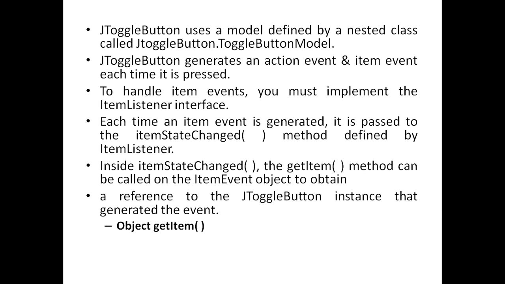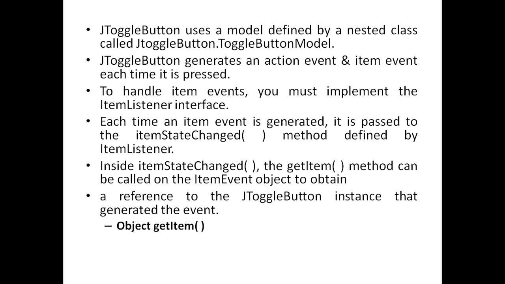Next, this JToggleButton uses a model defined by a nested class called JToggleButton.ToggleButtonModel. So it is going to generate two types of events. The first one is an action event, another is an item event, each time you press that button.